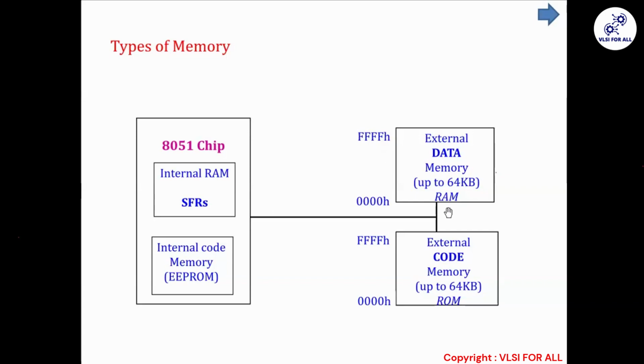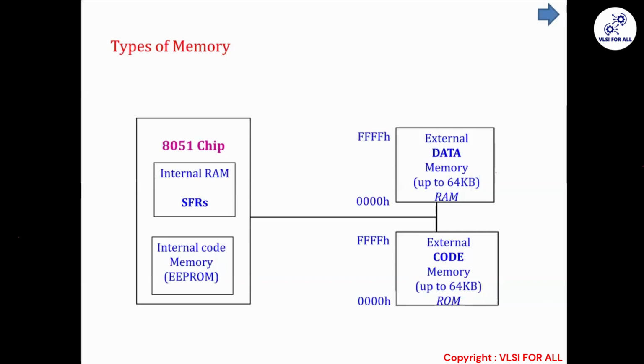That much data memory you can access externally. Similarly, that much code memory or program memory, 64 kilobytes of data memory, can be connected externally to the 8051, and similarly 64 kilobytes of read-only memory, that is program memory, can also be connected. That much extension can be made.